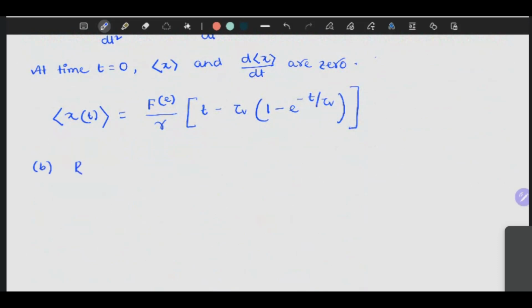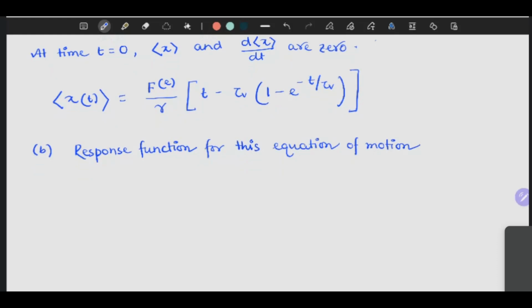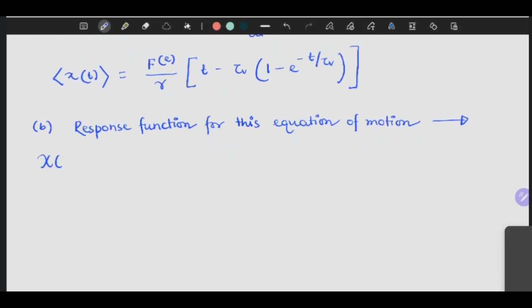The response function for this equation of motion should promptly become chi of t is equal to 1 by gamma into (t minus tau v), similar to this, into (1 minus e to the power minus t by tau v). Only the prefactor changes.